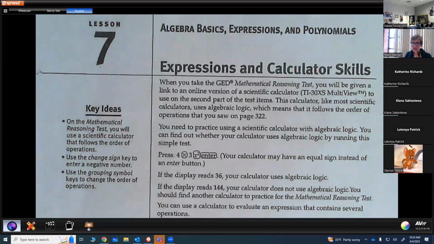And I want to grab another link here, because I shared with you how to find an online version of the calculator that you can use. Where is my link? Okay, here it is.